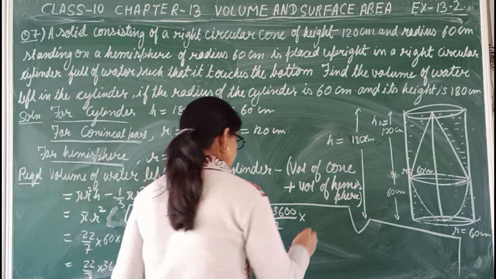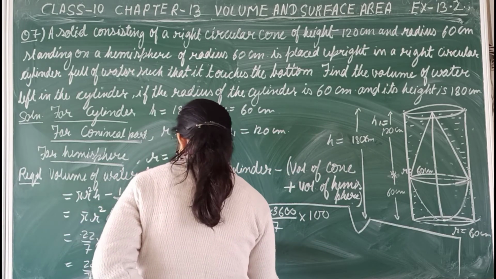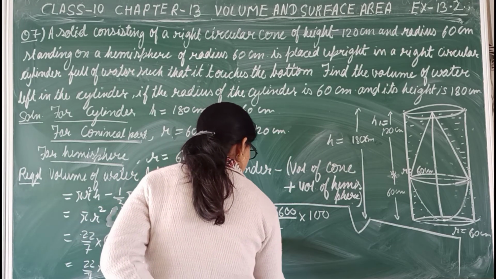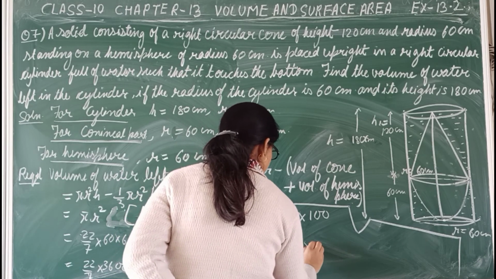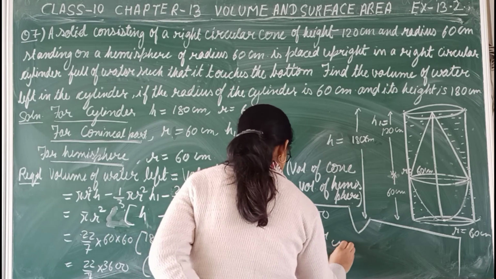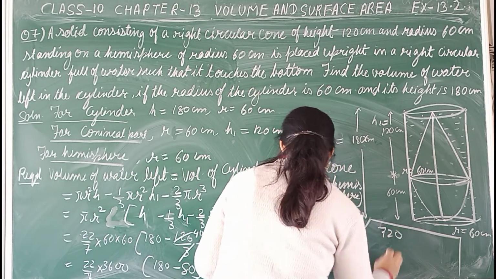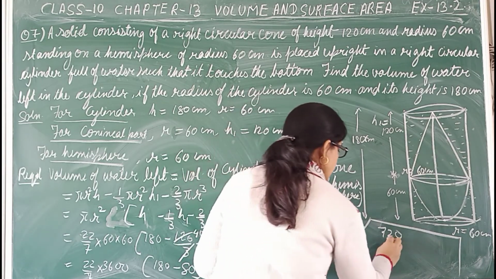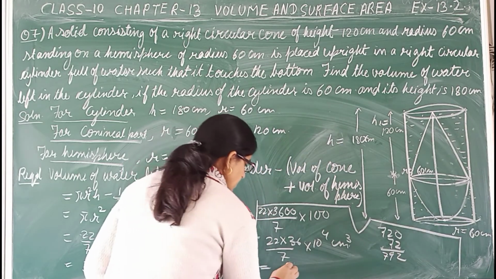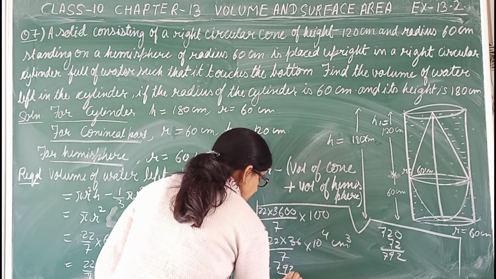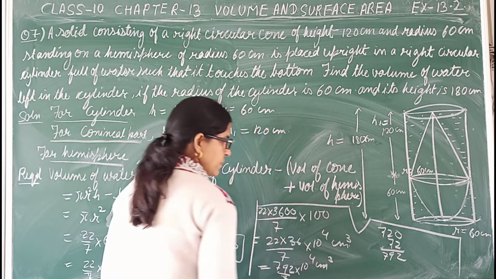So into 100 over here. So this will be equal to 22 into 36 by 7 into 10 to the power 7. This will be 720 into 7 plus 792 by 7 into 10 to the power 4 centimeter cube.